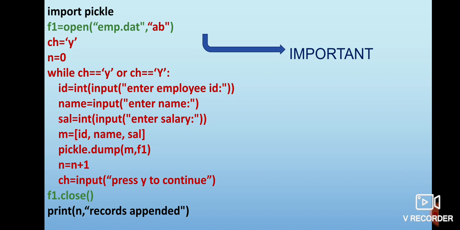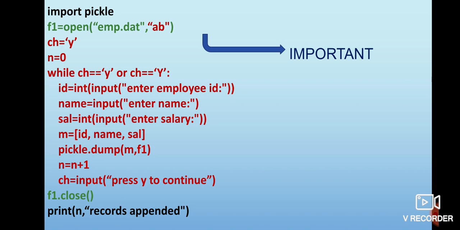See here, the arrow has shifted a little bit due to some setting problem, but this is emp.dat comma ab. So this is append mode, very important, because append mode will retain the previous contents of the file emp.dat and let you write the new content at the end of the previous content. So this will help you to open the file in append mode.